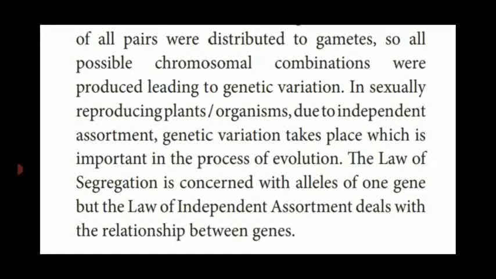Law of dominance and law of segregation are explained with the help of the monohybrid cross. Likewise, the law of independent assortment is explained with the dihybrid cross. This dihybrid cross proves the genetical variability, which leads to evolution, and it also proves the relationship between the genes.